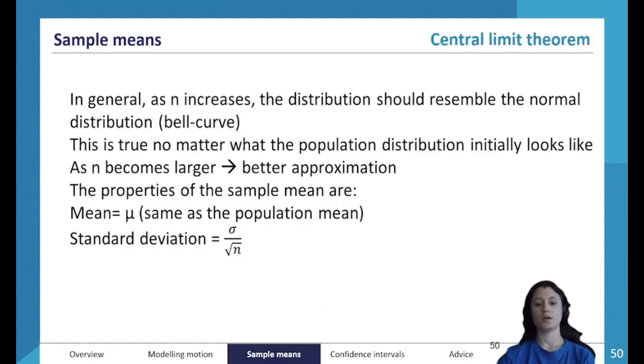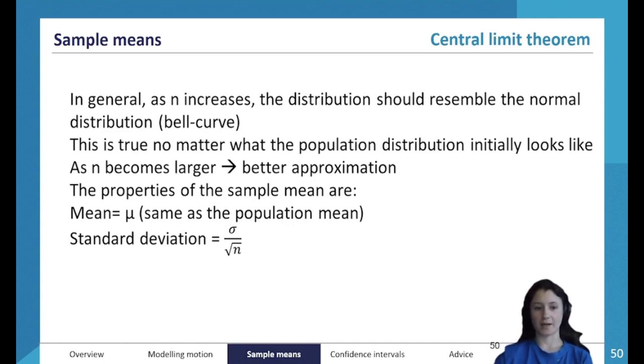So, in Specialist, we have something called the central limit theorem. The central limit theorem essentially just tells us when a distribution will look normal. Regardless of what the population distribution initially looks like, as n becomes larger, it's a better approximation.